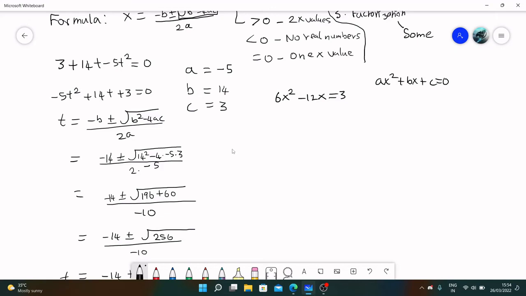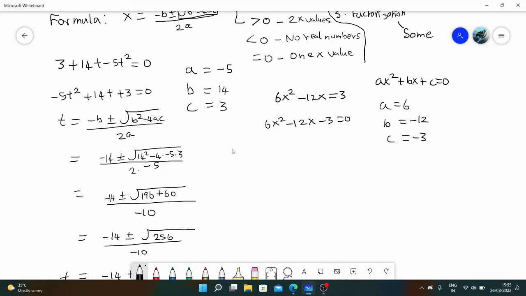So whatever is multiplying the variable squared is a, so a equals 6, b equals minus 12, and our c will be minus 3 if we bring that here. So 6x squared minus 12x minus 3 equals 0 will be in the standard form.